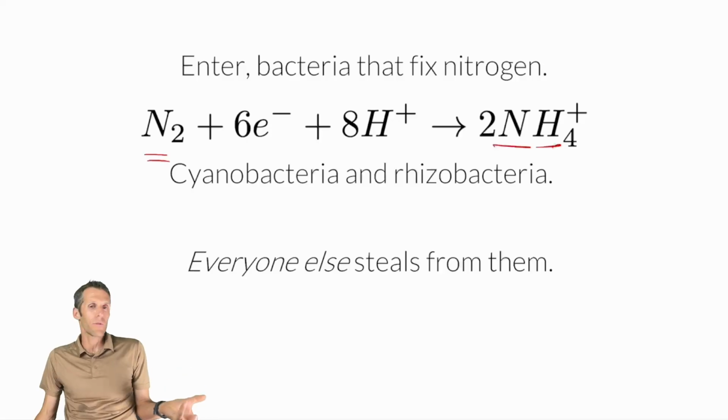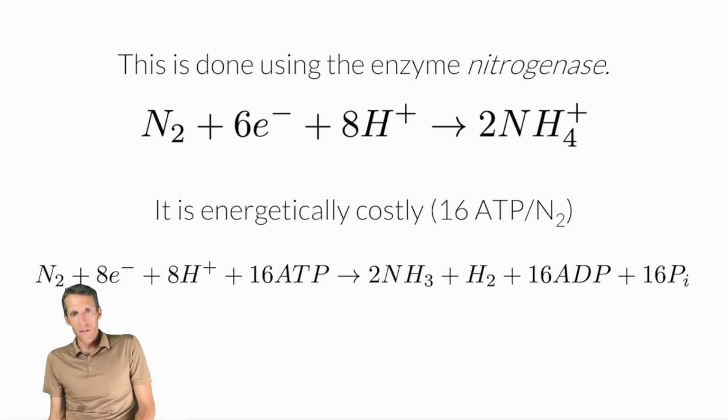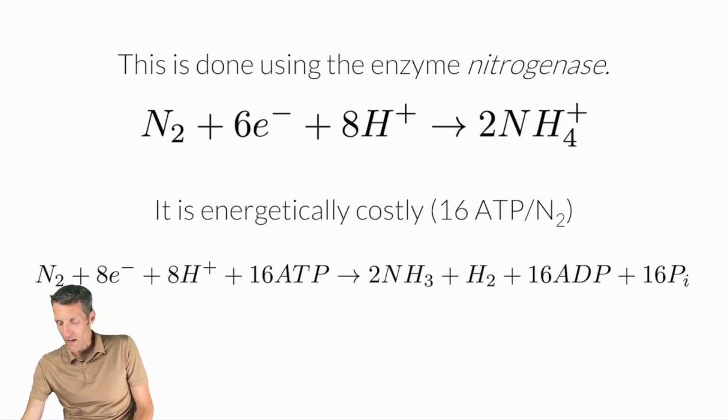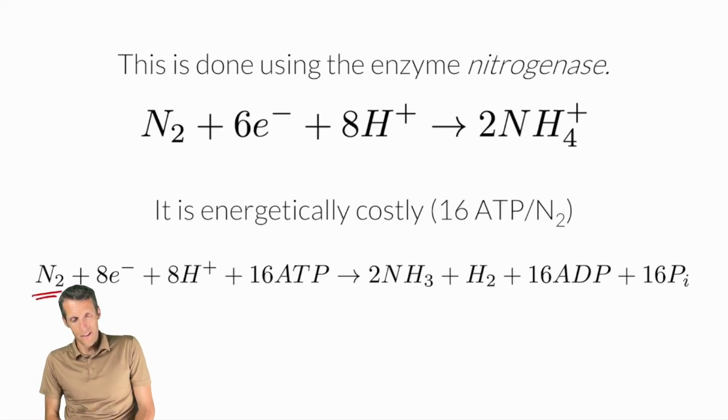You and I can't do this reaction. We cannot pull nitrogen out of the environment to make ammonia. So we're very glad that cyanobacteria and rhizobacteria do so. They do this with this enzyme nitrogenase, which is ridiculous. Like this deserves its entire video actually, because it's so crazy. But what this enzyme does is it takes a nitrogen, N2, 8 electrons, 8 protons, 16 ATPs, and in the process generates ammonia and molecular hydrogen.